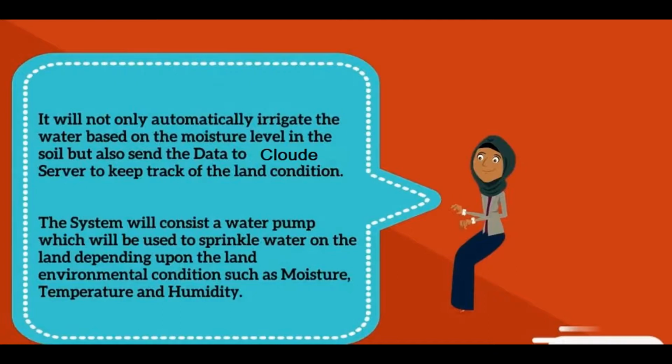Now we will tell you some important notes. The first one is, it is important to note that different crops require different soil moisture, temperature and humidity conditions. We are using crops which require a soil moisture of about 50 to 55%.